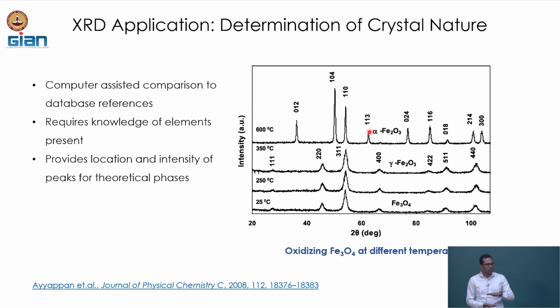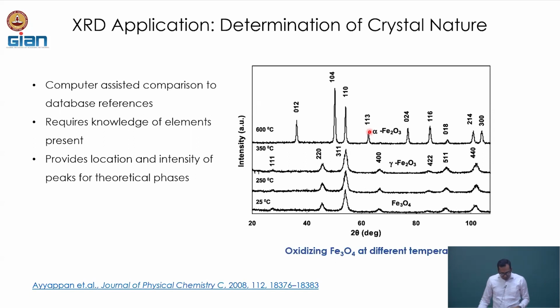Previously there used to be a huge book which collected all the X-ray diffractograms of these reference materials, but these days all of this is available online, and typically it is provided with the software for the instrument that we are using for the XRD data collection. Just by matching with that database, we get information about the type of material, or the nature of the crystalline material present in our sample.